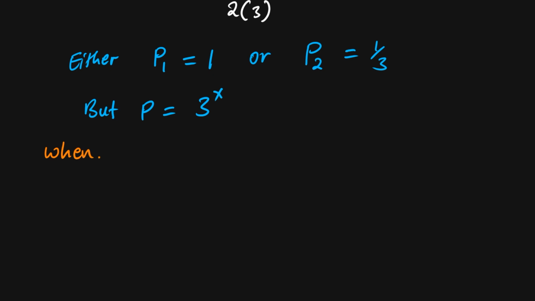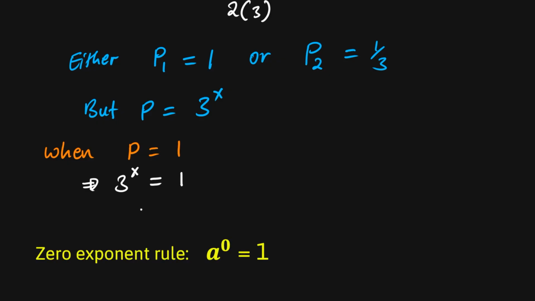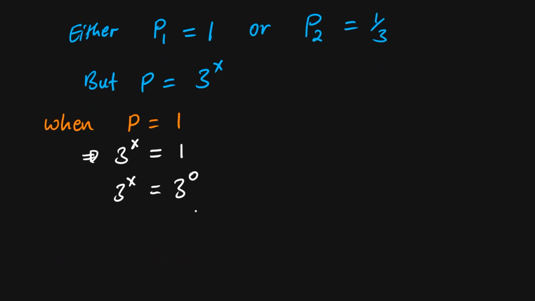When p equals 1, this implies that 3^x equals 1. But from the zero exponent rule, any number raised to a power of 0 equals 1, which implies that 3^x equals 3^0. Thus, from the law of identity, x equals 0.